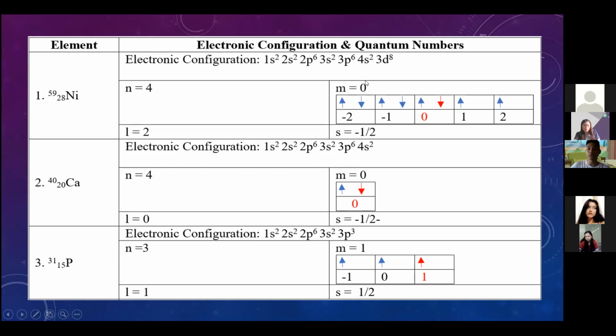It stops at 0, so the magnetic quantum number is 0. The spin is negative 1 over 2 because it stopped counting at a downward arrow.